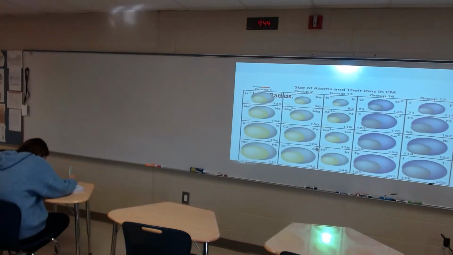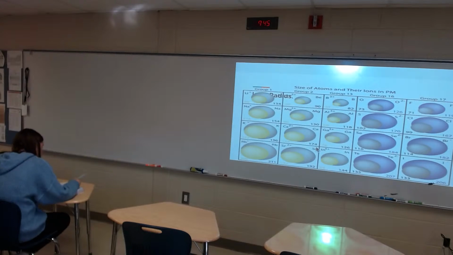All right, here's a diagram that's showing the relative sizes of neutral atoms to their stable ions. The gray and green spheres on the left represent metals and their cations. The gray on the left three columns would represent, for example, top left-hand corner, lithium, and the smaller green sphere is a lithium cation.